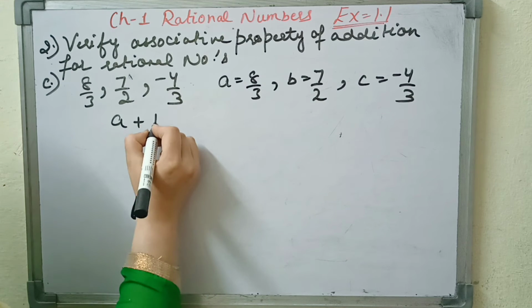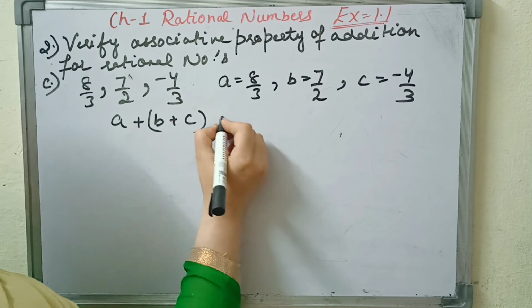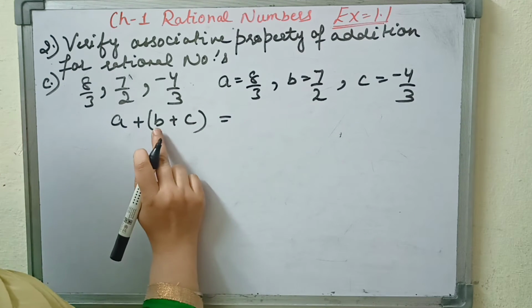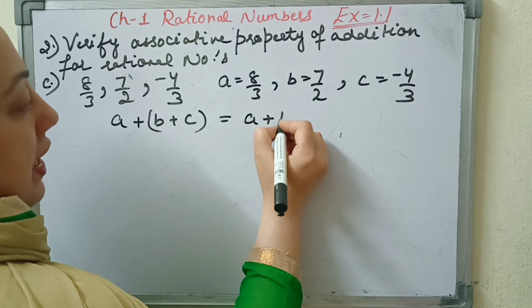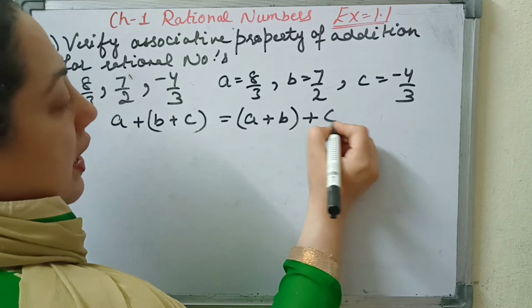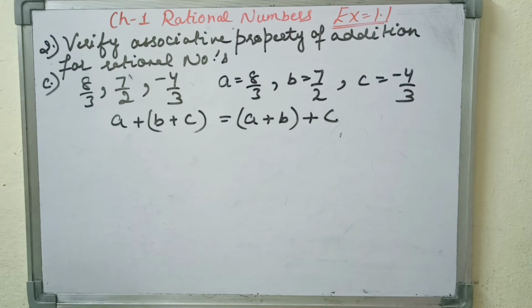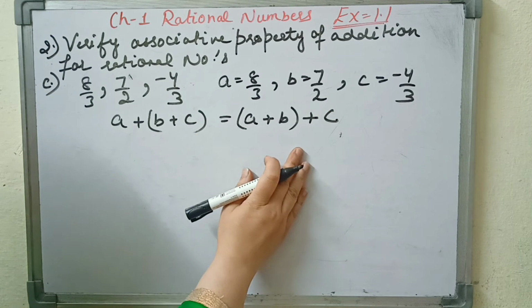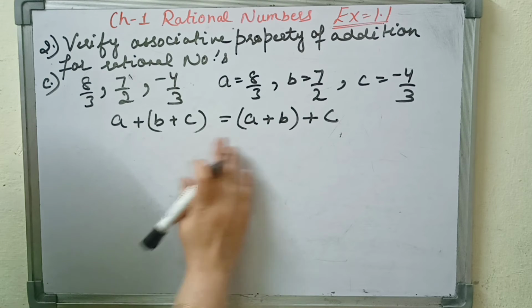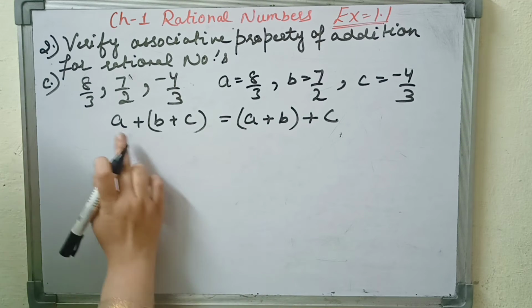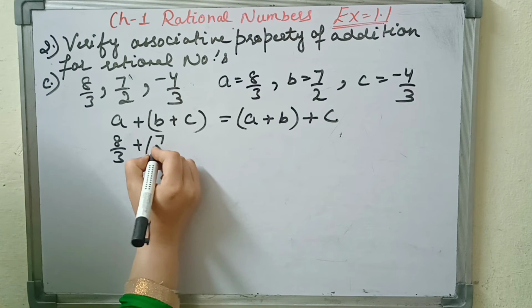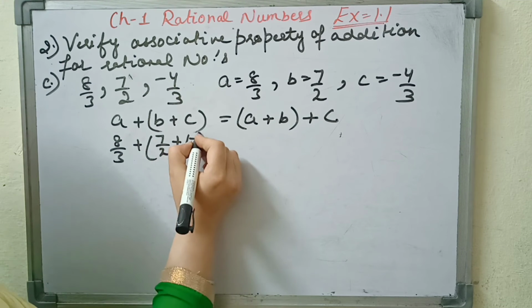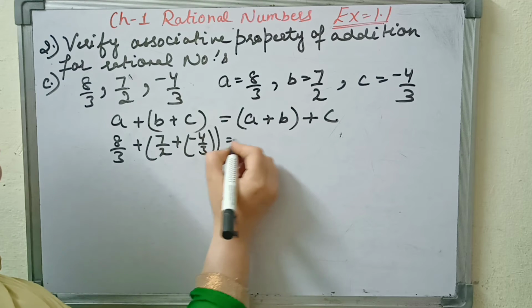Now, according to the associative property, a plus (b plus c), with the bracket on the second and third terms, equals, on the right hand side, (a plus b) plus c, with a plus b in one bracket and c outside the bracket. Now we simply put in the values and see whether the result on the left hand and right hand side is the same or not. Now I put a as 8 over 3, b as 7 over 2 plus minus 4 over 3.